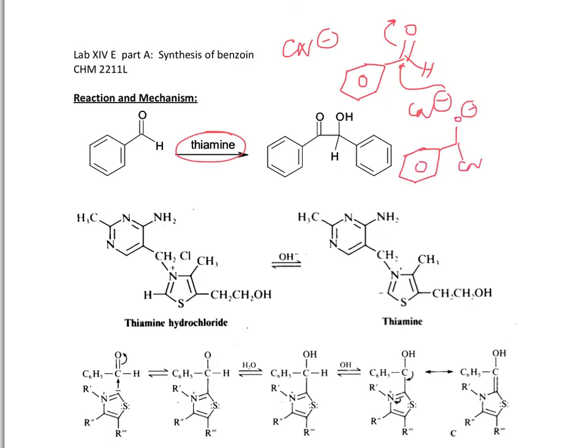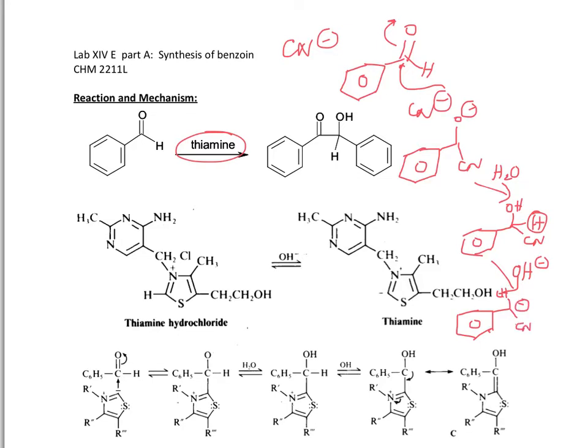You have CN, and of course, since it's going to be done in aqueous solution, you can have OH and a CN, so a cyanohydrin is generated, and then that, when treated with the base, essentially gets rid of this benzylic hydrogen, which brings you OH, CN, negative charge, and that negative charge will then attack another species. So that negative charge attacks right here.